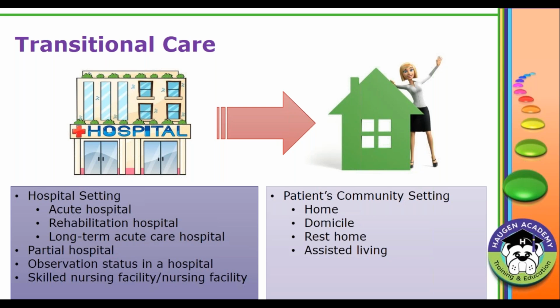So the hospital setting could be an acute hospital, a rehab hospital, a long-term acute care hospital, a partial hospital, observation status in a hospital, or even a skilled nursing facility or nursing facility. The patient's going from that type of setting to their community setting. So that could be they're going home, they're going to a domicile, which is where they're living, they could be going to a rest home, or they could be going to assisted living.